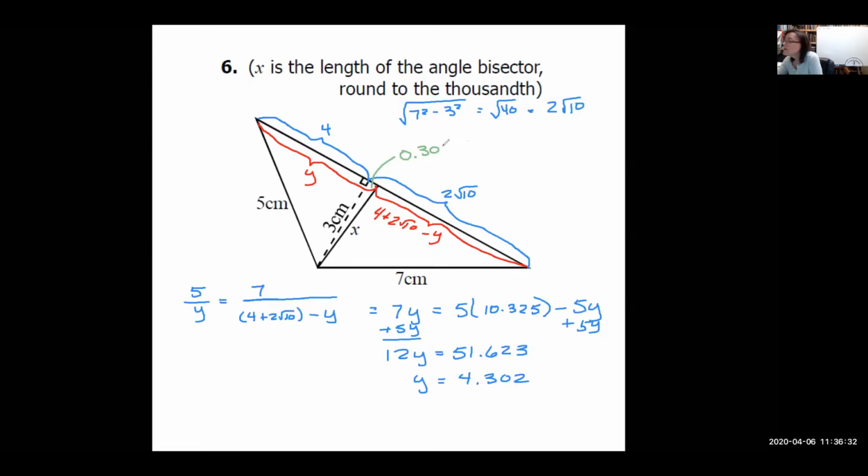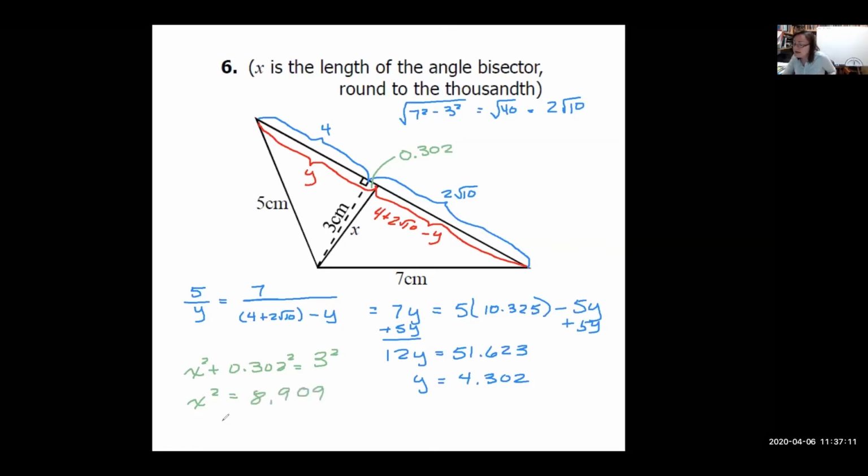Okay, so now once I have that, I've got another Pythagorean theorem problem here. I've got x squared plus 0.302 squared is equal to 3 squared. This squared plus that squared is equal to that. So I end up with x squared is equal to 9 minus this squared, and I end up with about 8.909.